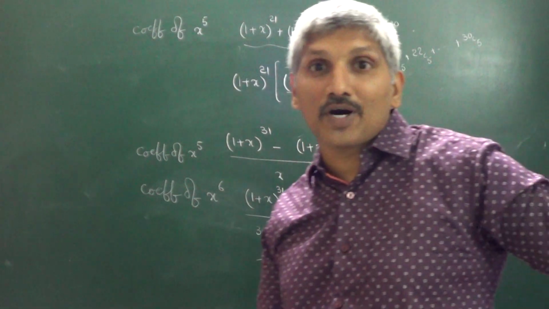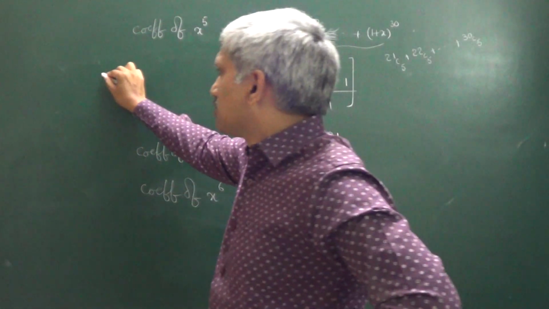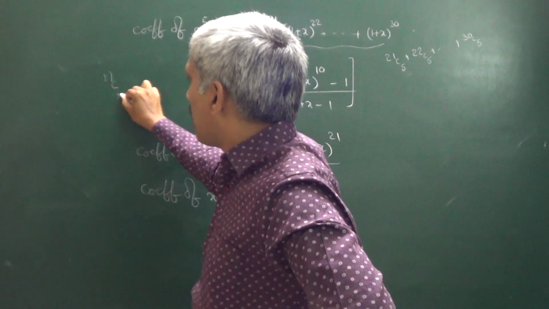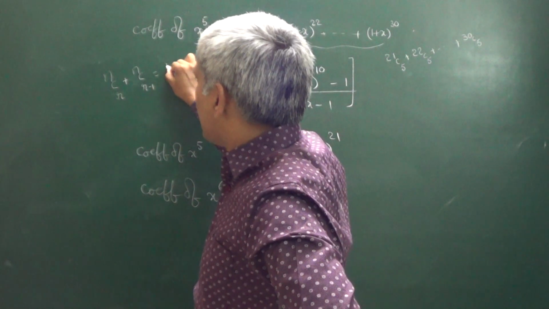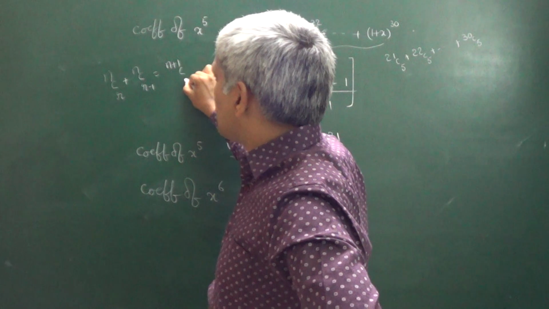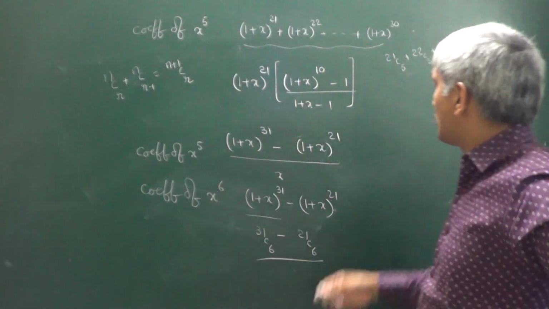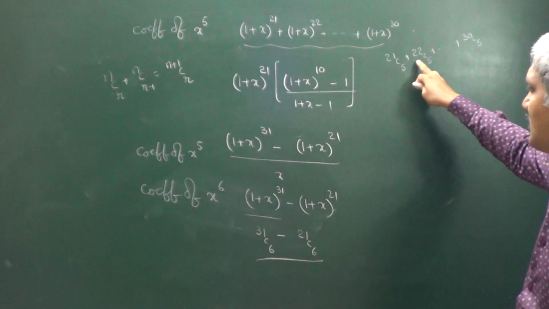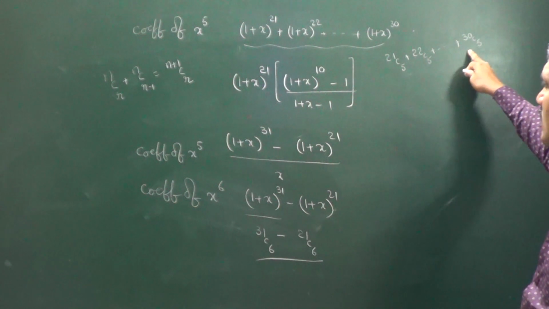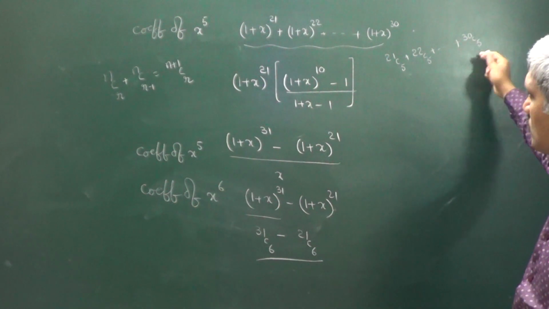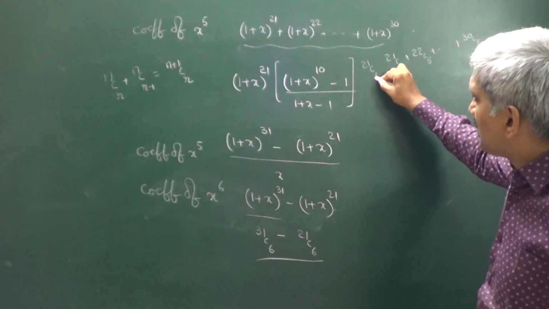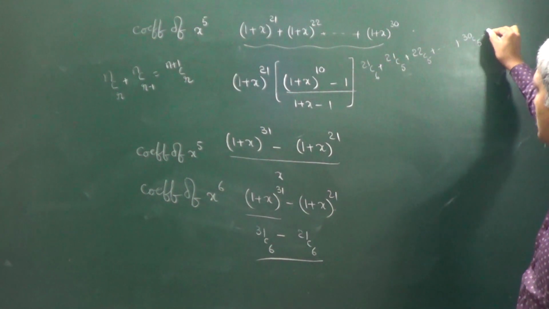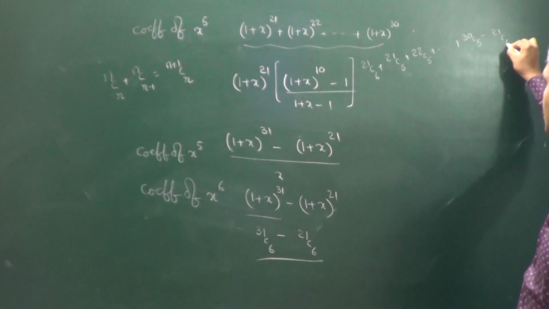Just by using Pascal's identity. Sir, what is Pascal's identity? nCr + nC(r-1) can be written as (n+1)Cr. Right? So that's why 21C5 + 22C5 + and so on + 30C5. So what we can do here? Now add 21C6, subtract 21C6.